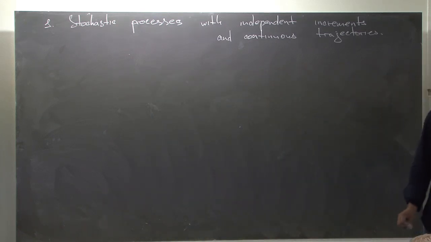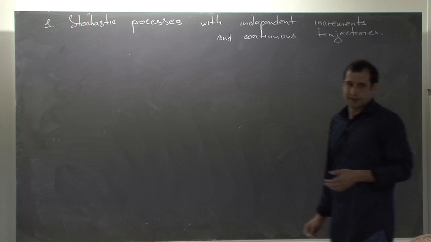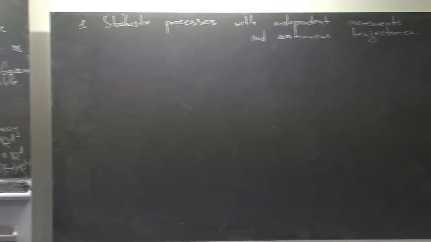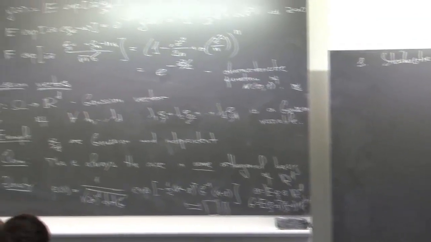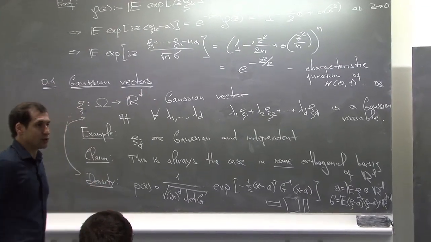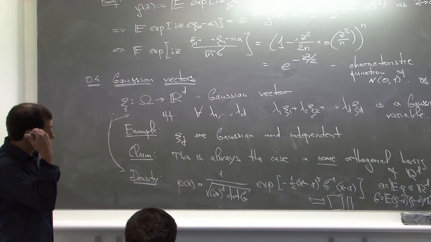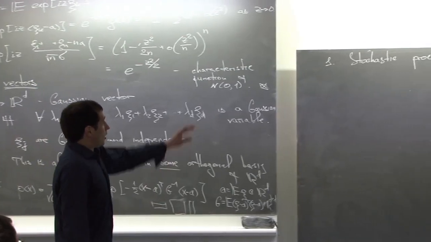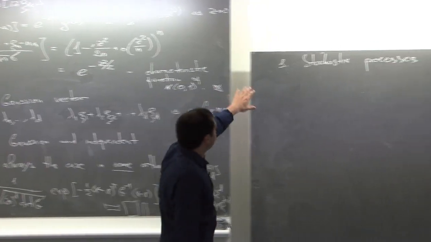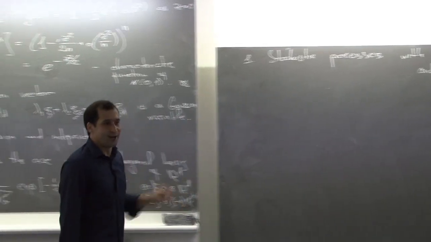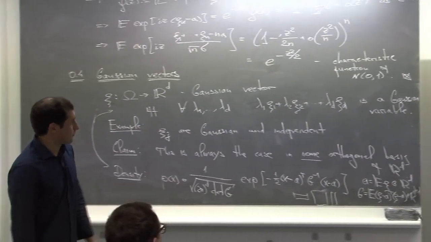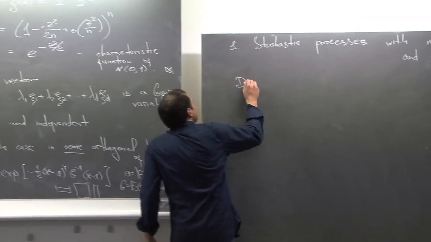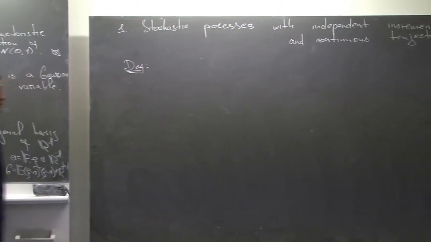Or there is a book by Oksendal, which is a very classical reference, though some proofs are missing there. If you need something precise, you can just ask me in private, and we can discuss what your level is and what is more suitable for you. And because of that, the names of chapters are going to be a bit artistic, whatever. So let us discuss the definition of a stochastic process.